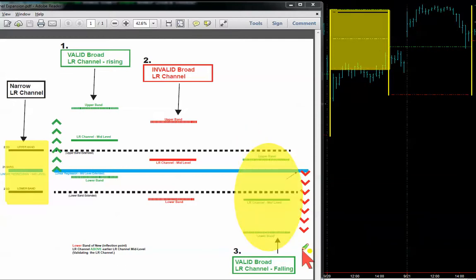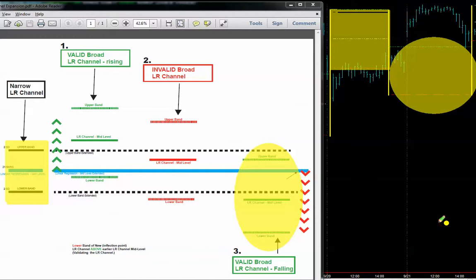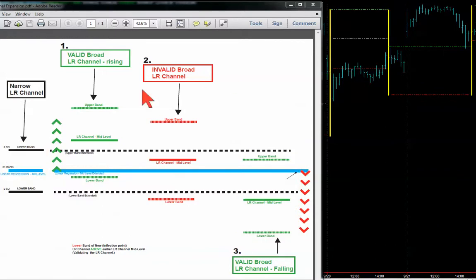This one here is the same as this one here. Okay? And note that we're looking at the mid-level. There's the mid-level. There's the mid-level. Don't know why the color changed on me.